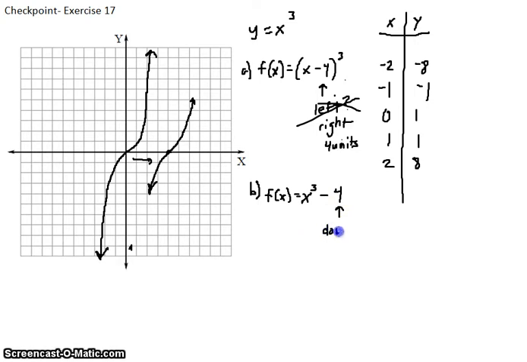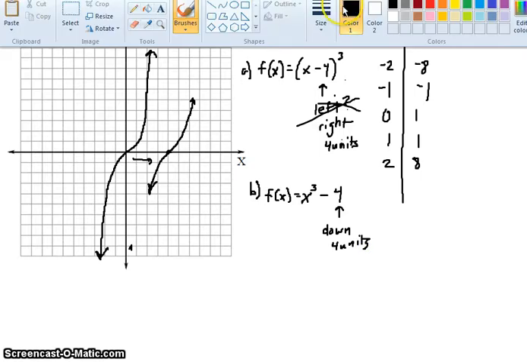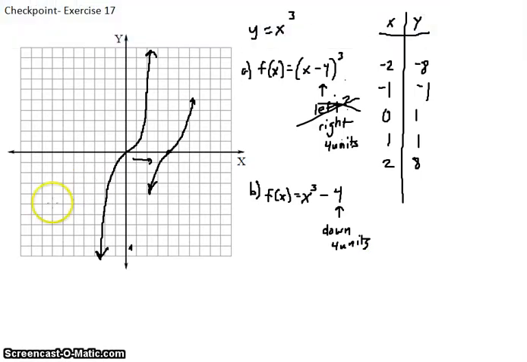So that's a result of moving down 4 units. So if we talk about where this is going to move, you're going to take this whole graph and shift it down 4 units. So it's going to look something like this. So there's your new graph there.